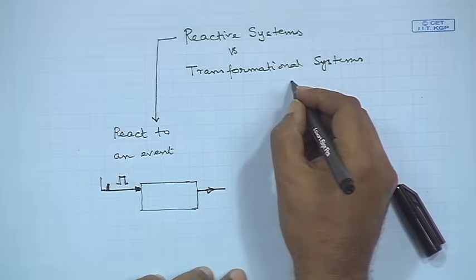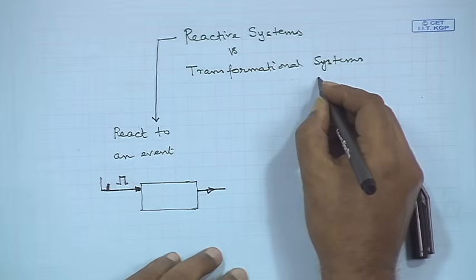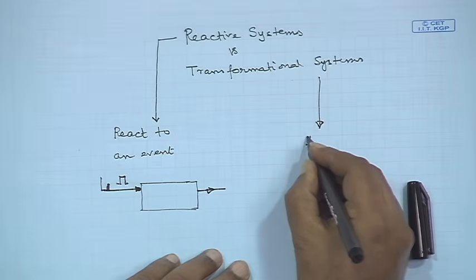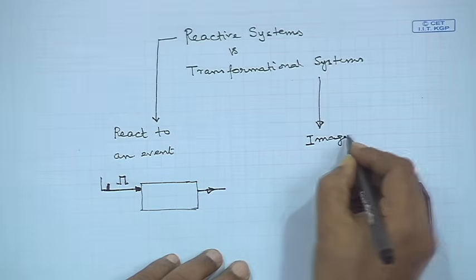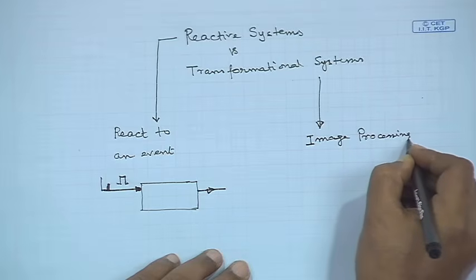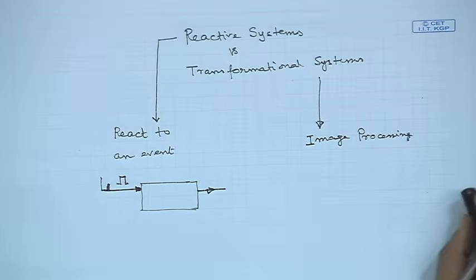So these are working on external events. On the other side, there can be transformational systems, for example, image processing systems. You get an image and you process it.